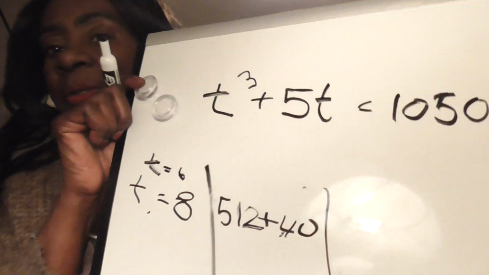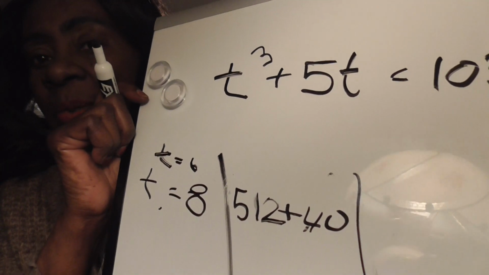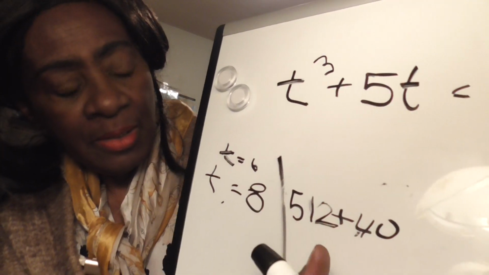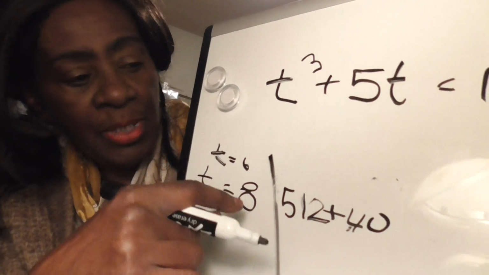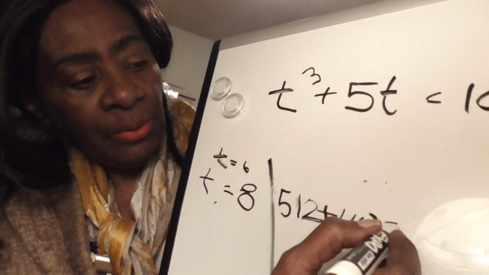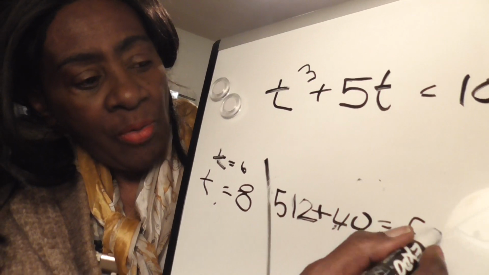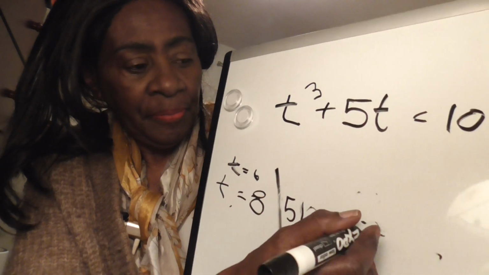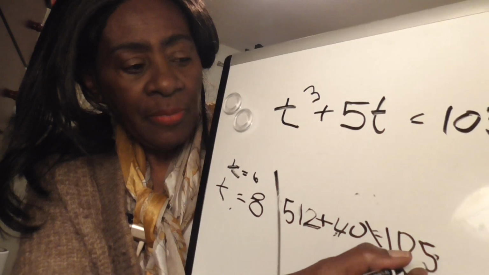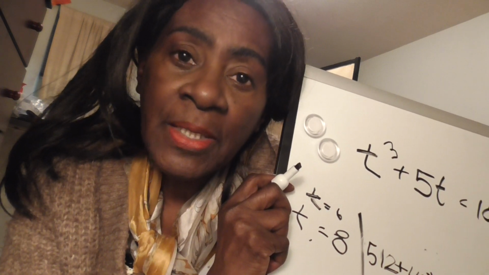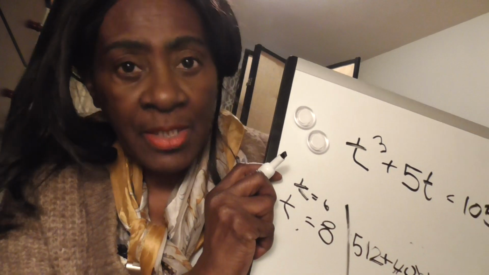Let me put it up a little closer so you can see it. 512 is t to the third power if we allow t to equal 8. 512 plus 40 equals 552. Does not equal 1050. So we know in this particular equation, t does not equal 8. Let's go further.